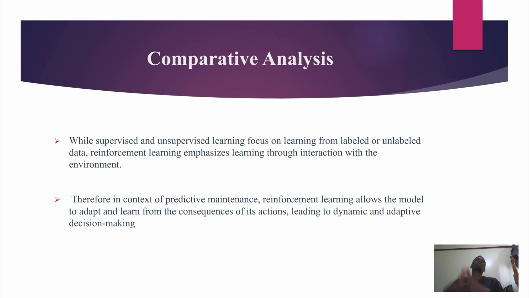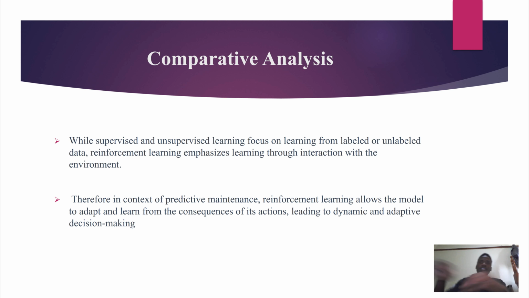Basically, in this statement, we try to compare the different machine learning algorithms in regards to supervised, unsupervised, and reinforcement, because supervised and unsupervised look at labeled and unlabeled data to act, whereas reinforcement learning emphasizes learning through interaction with the environment.